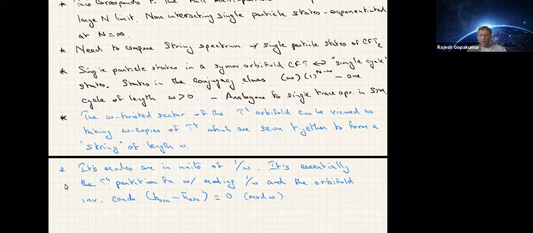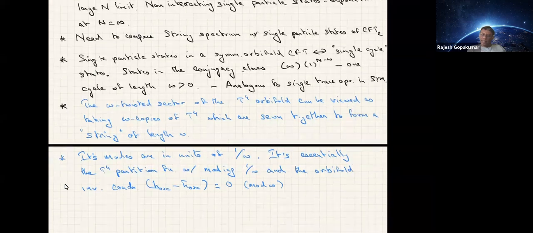So this is the orbifold invariance condition. You consider a twisted sector and then project onto the orbifold invariant states. So that's what this is.